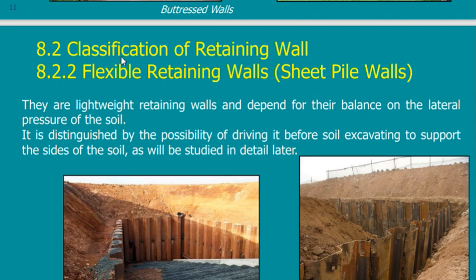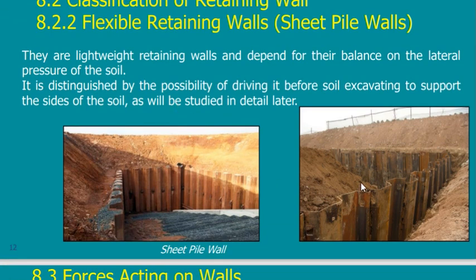So in this case, it will be a flexible retaining wall. Why flexible? Because the top of this retaining wall may move a few centimeters and it is still safe and not falling.